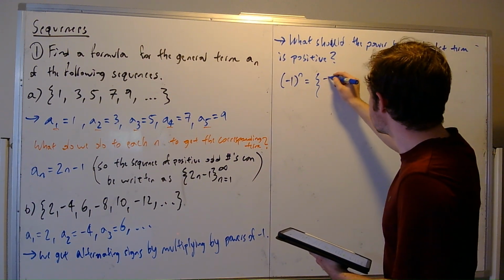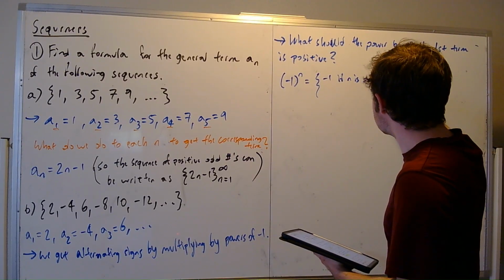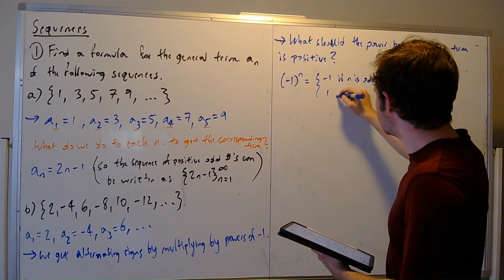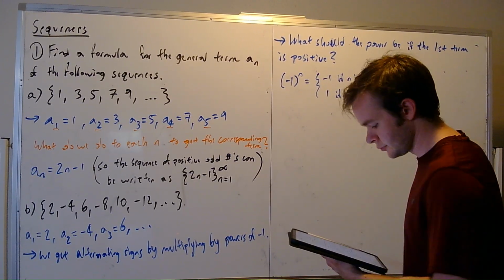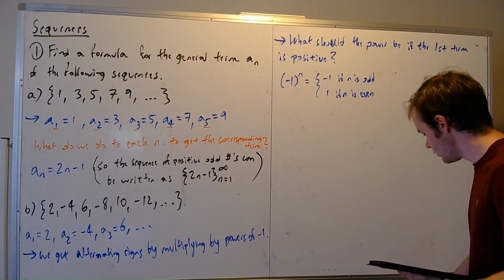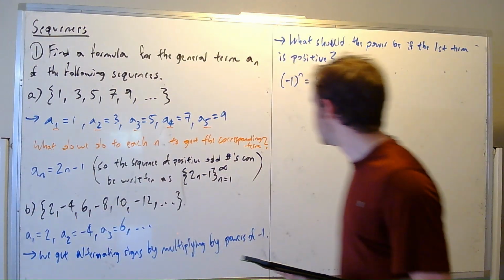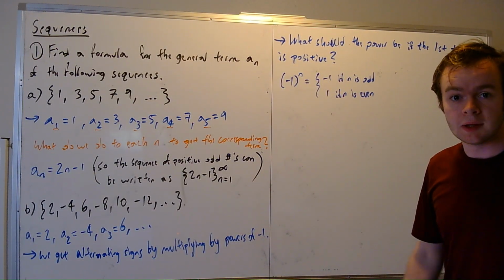So we're going to get -1 if n is odd. And we're going to get +1 if n is even. Right, so let's look at the first term here. The first term is positive, and here, if we plug in n equals 1, the first term is actually negative.